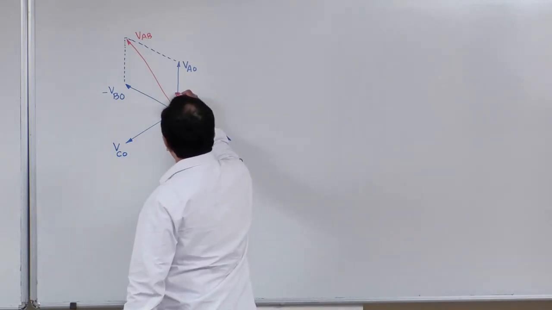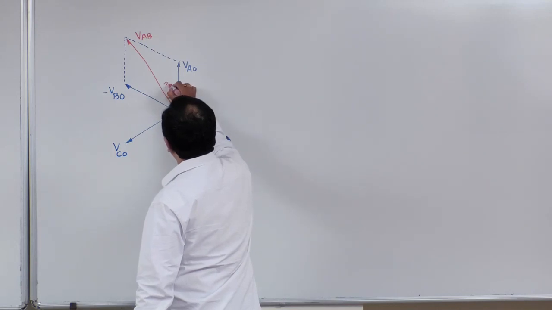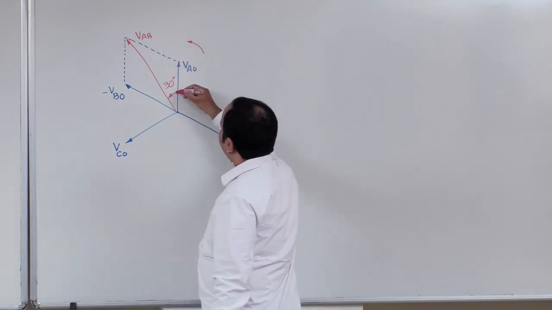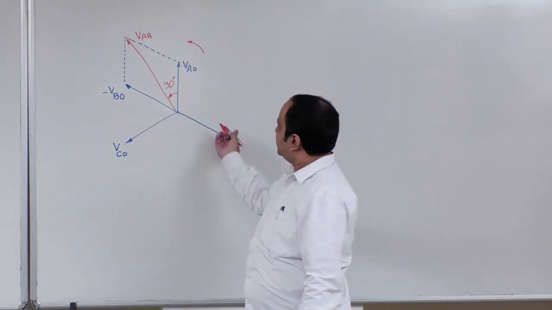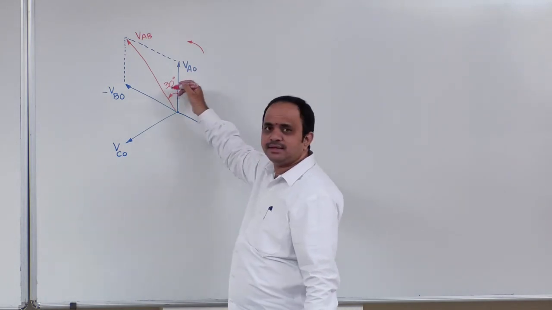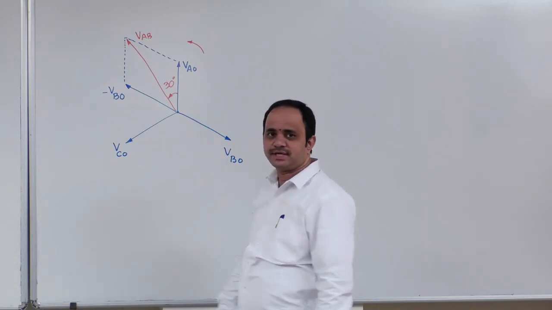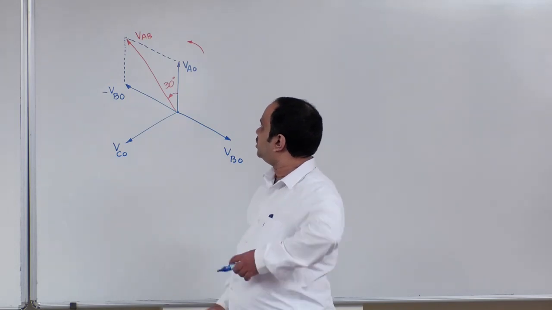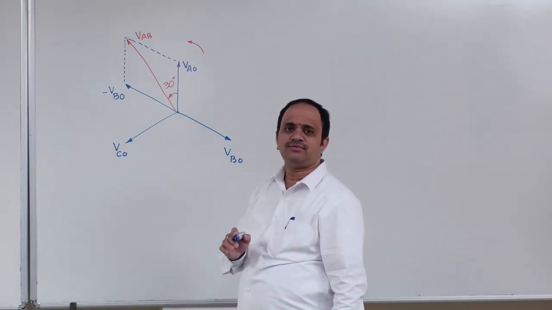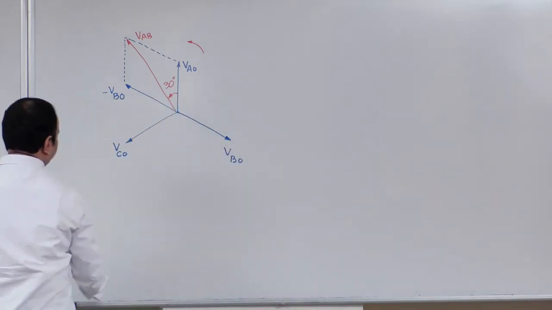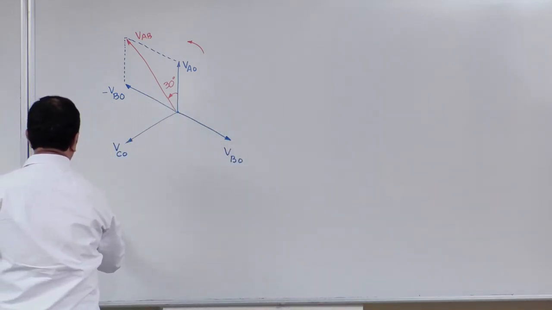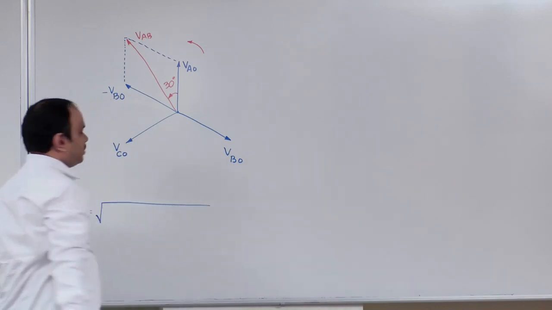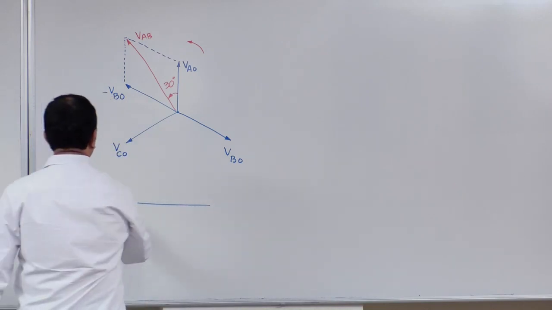Now we can say that this phase angle is 30 degree. In this counterclockwise direction, what you can say, the VAB phasor leads the VAO phasor by 30 degree, isn't it? Now I want to find the magnitude of VAB. I can apply the parallelogram law of addition of vectors.